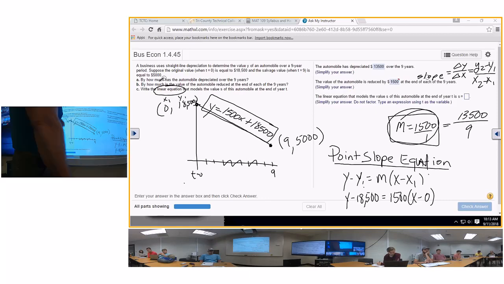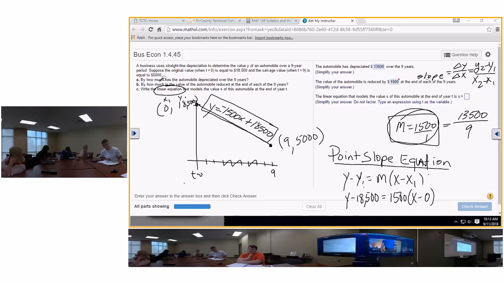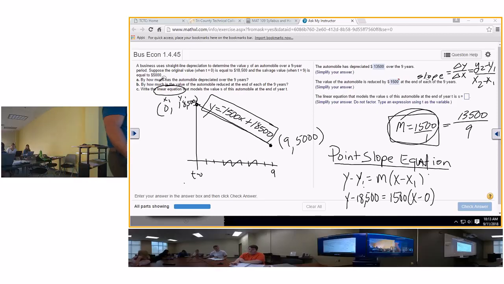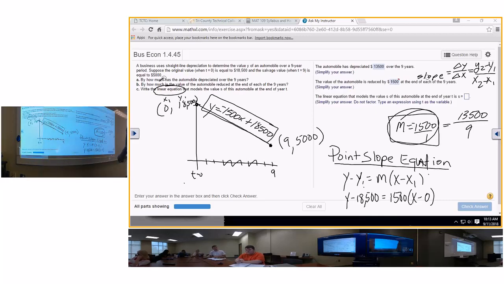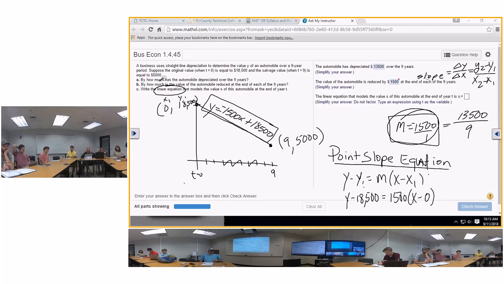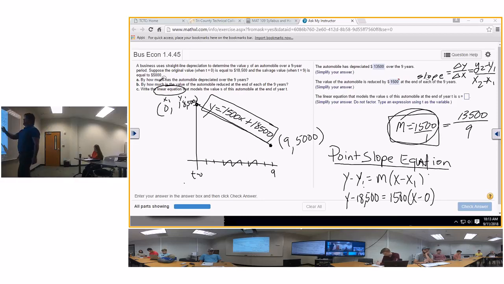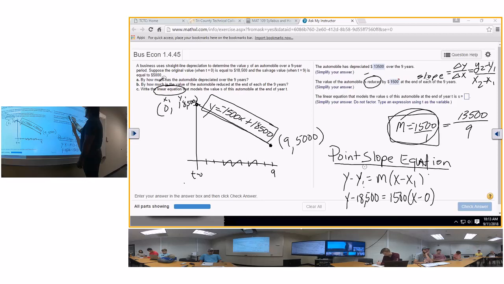Somewhere I left off a negative. 5,000 minus 18.5. There it is. That should be a negative 15. It's depreciating, but it's reduced. That's where the negative comes in right here. Reduced is negative 1,500.